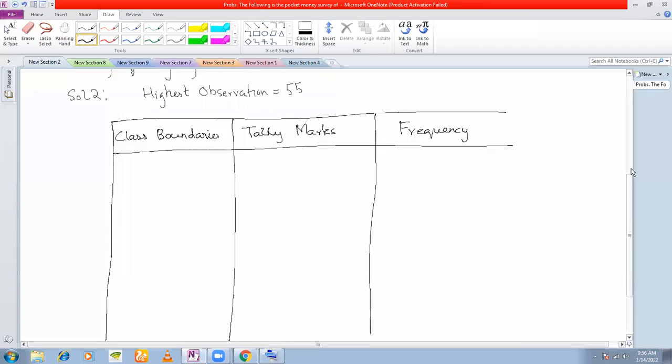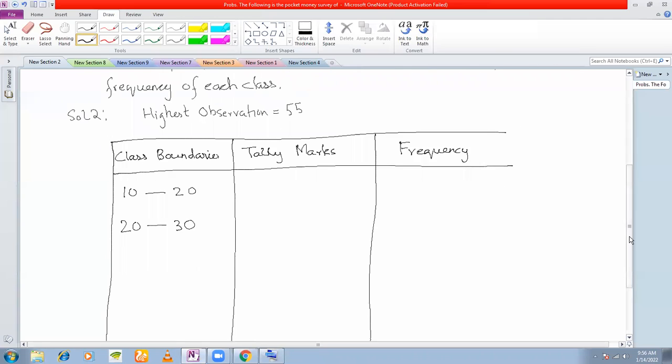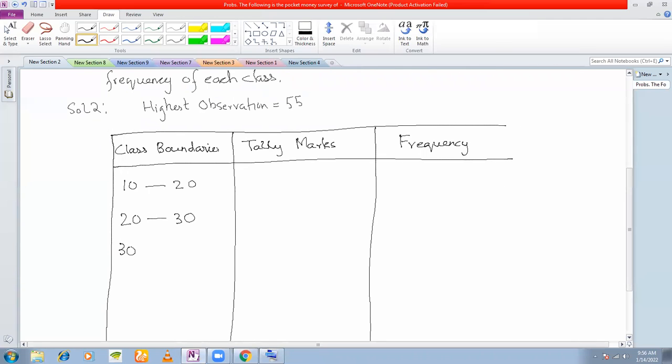Okay, so now the class boundaries that are given to you here are 10 to 20, 20 to 30. Next you have 30 to 40, 40 to 50. And finally you have 50 to 60 because the highest observation is 55.